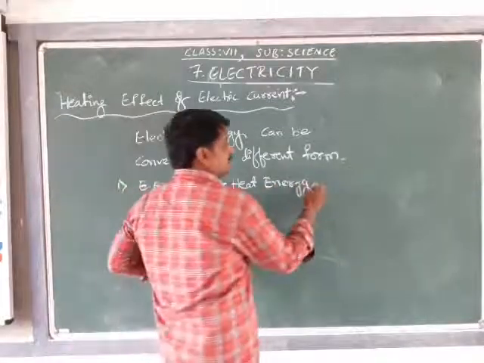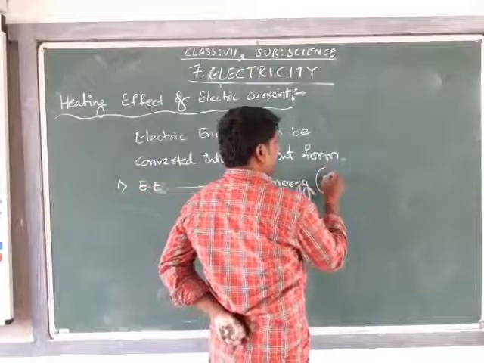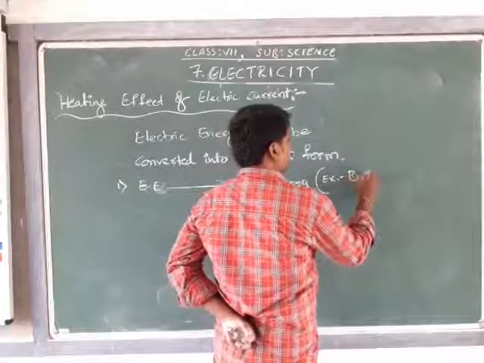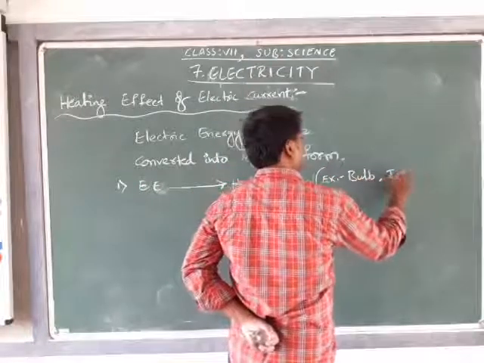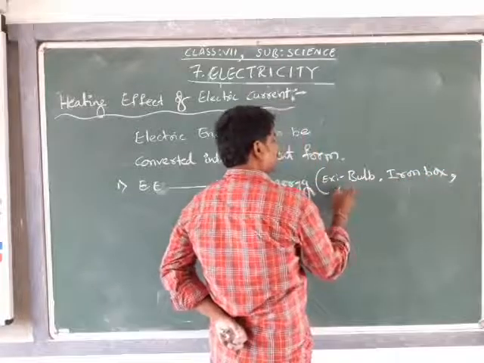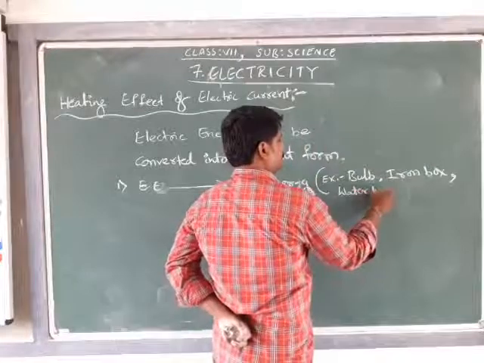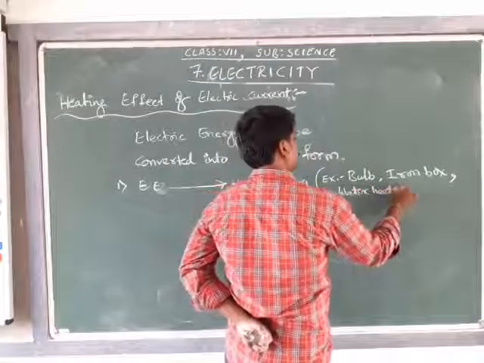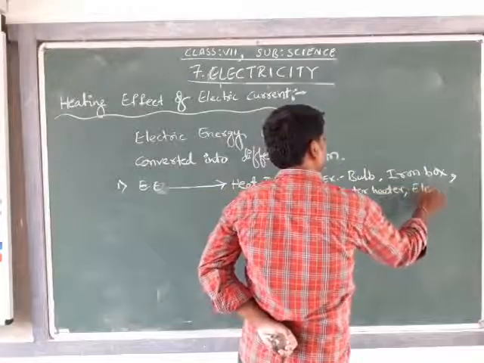where we have discussed examples of bulb, iron box, water heaters, electric cookers.